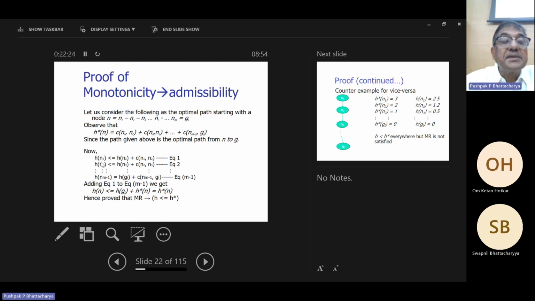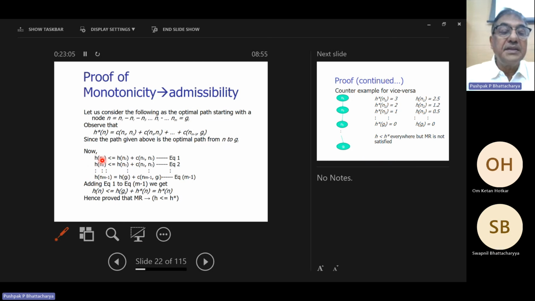these cancellations. Hn2 cancels with Hn2, Hn3 cancels with Hn3, then Hm minus 1 cancels with Hm minus 1, and so on.